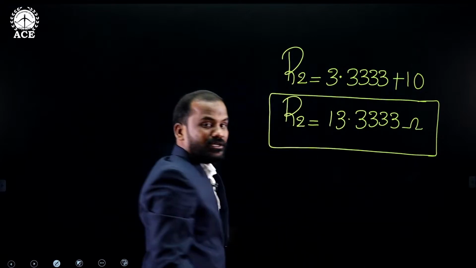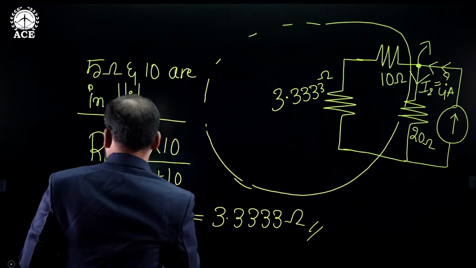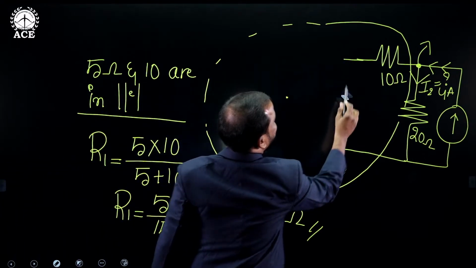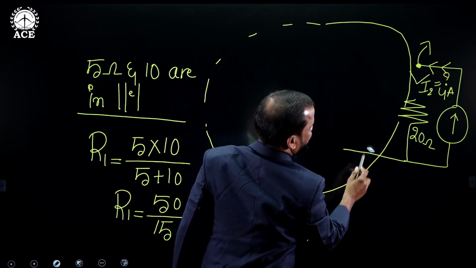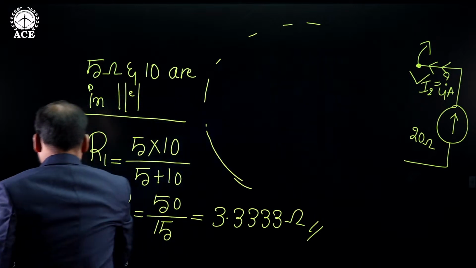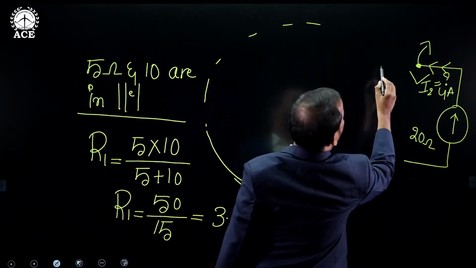It means that now I can replace this value instead of the combination. So finally you will get the equivalent resistance. Okay, so I am replacing this complete combination by this particular resultant. Now see here, I am replacing.